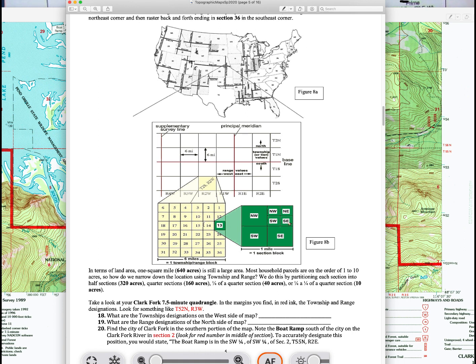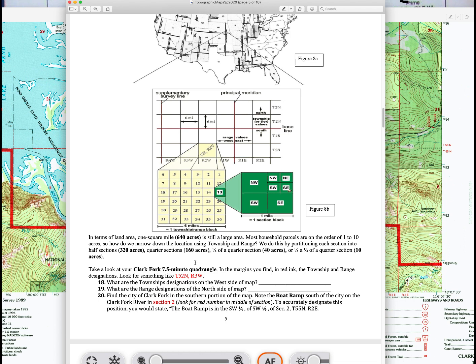Which means one section, like section 13, is 1 square mile, which is 640 acres. But 640 acres is a large area, and we can subdivide these areas by quarter sections. So I can divide one section into 4 quarters: a northwest quarter, a southwest quarter, a southeast quarter, and the northeast quarter.